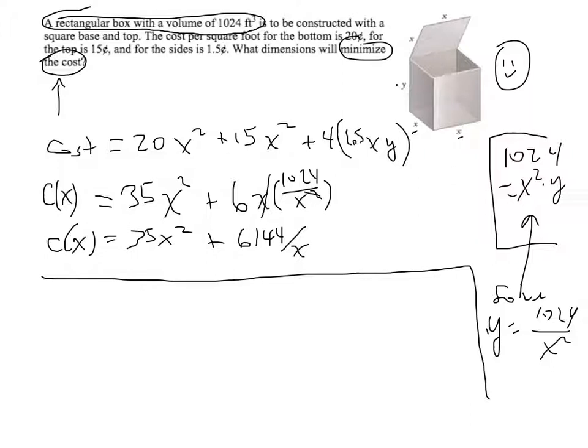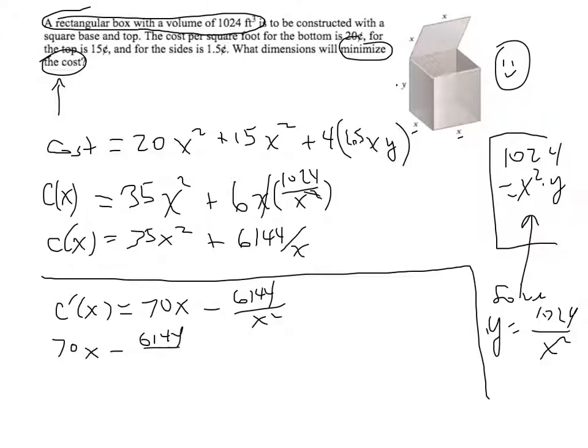So that is the cost function. We know that in order to find a maximum or minimum value, we need to first locate the critical points. And so I'll go ahead and do that by finding the derivative, which will be 70x minus 6144 over x squared. And I'll solve where that's equal to 0. So 70x minus 6144 over x squared equals 0.